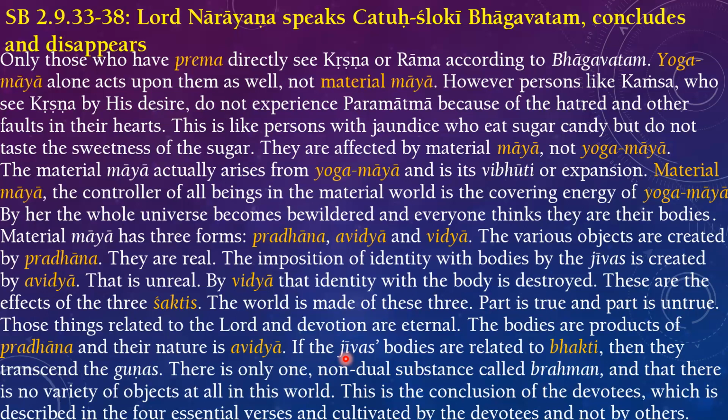It is not only person. It indicates abode also. Brahman indicates abode also, Brahman indicates person also, Brahman indicates energy also. It has multiple meanings. That's why non-dual substance is mentioned. Substance can be person, substance can be object, substance can be energy. So in that way, it can be used in multiple ways.